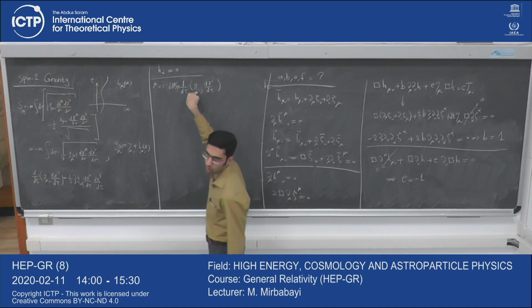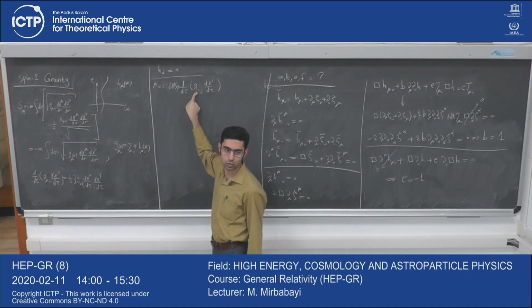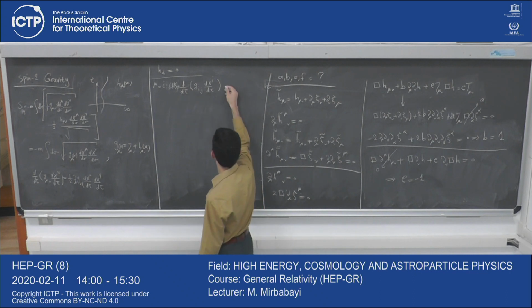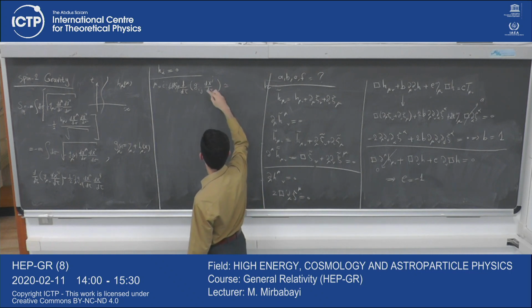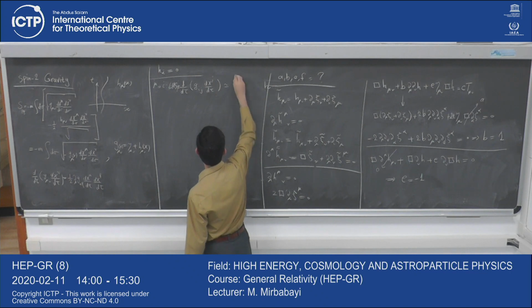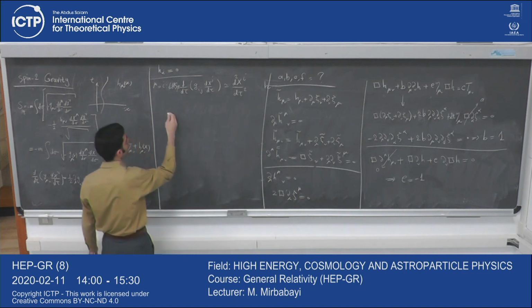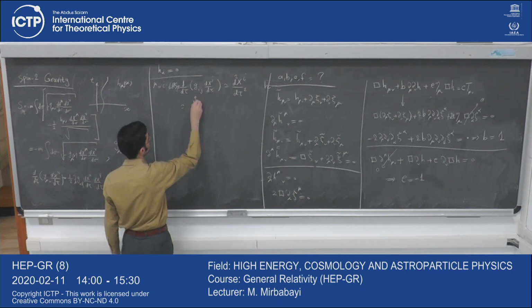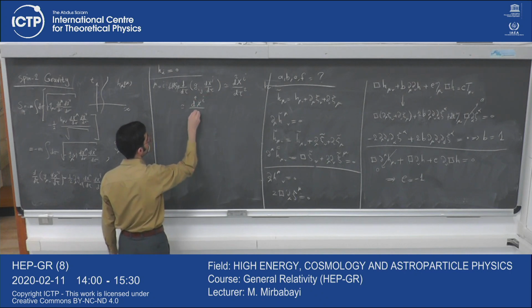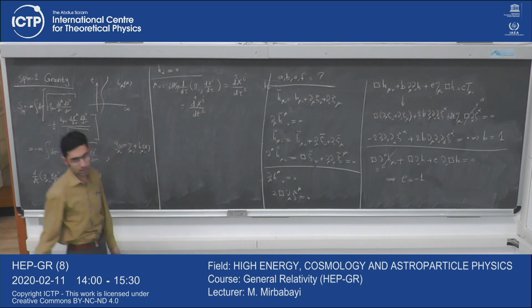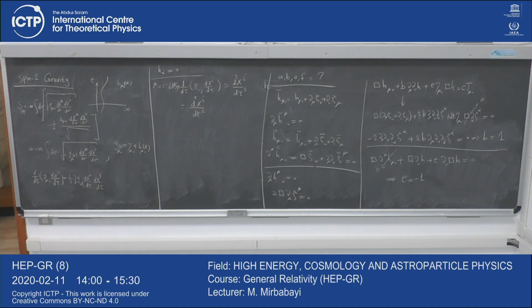So here I'm going to ignore the correction to g_{ij}. So to leading order this will be just d²x^i/dτ², which is equal to d²x^i/dt², because in the non-relativistic limit the proper time and the time that the clock measures are the same.